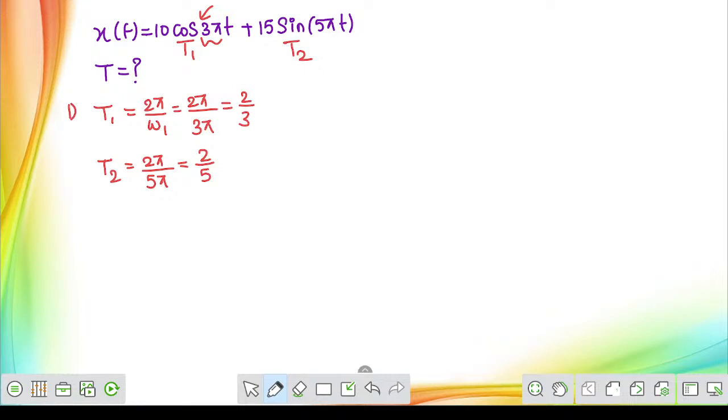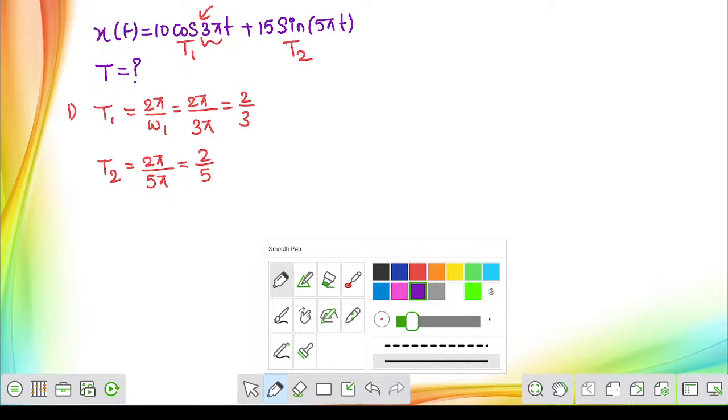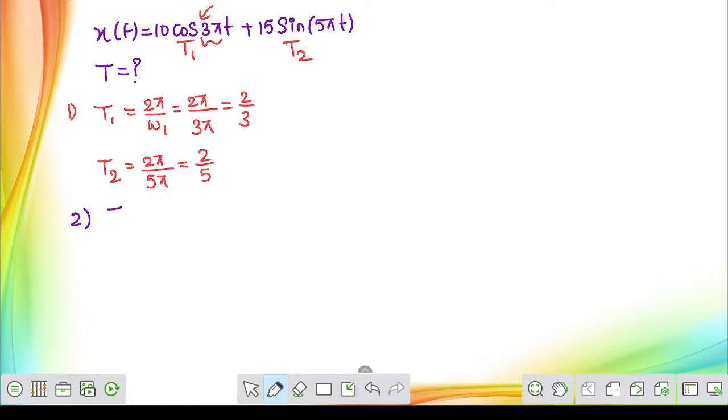To calculate the fundamental period of any signal, when it is having more than one signal, this is the procedure. Find the value of T1 and T2. Then in the second step, take the ratio between T1 and T2. The value of T1 is going to be 2 by 3 and the value of T2 is going to be 2 by 5. From this, 2 will get cancelled. The resultant answer will become 5 by 3.